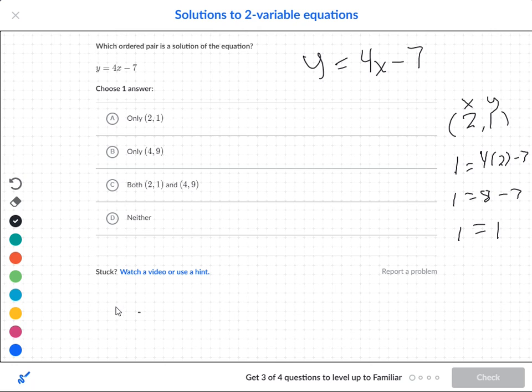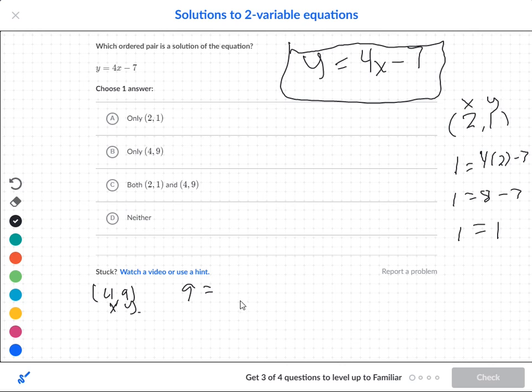Now, if we tried 4, 9 here, this would be x and this would be my y. So I would go back to this equation right here and replace the y with 9.